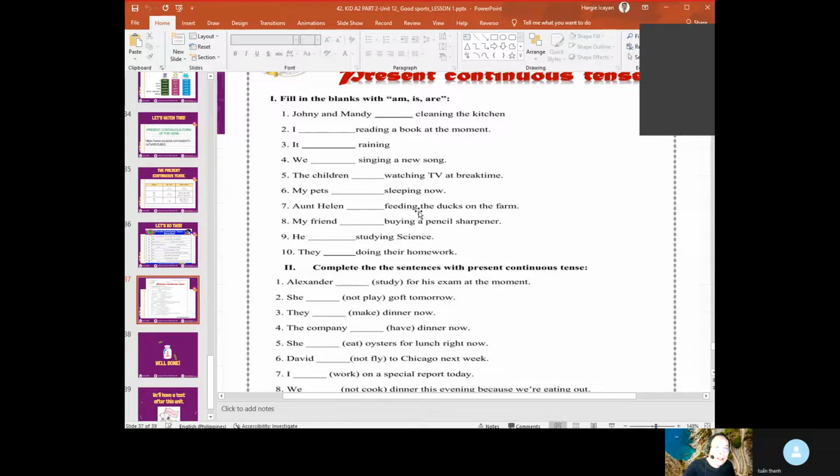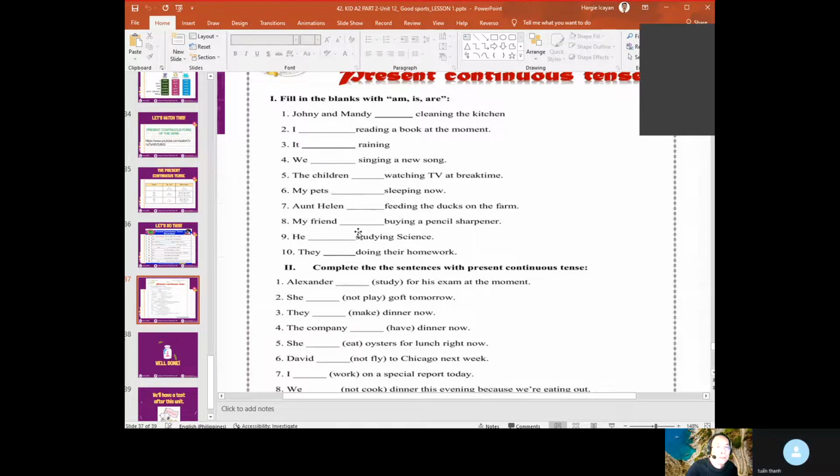Like for example, the base form of the word feeding is feed. So therefore, we have to say feeding. Can you say it one more time? Say feeding. Okay. Feeding. Yeah, that's correct. So Aunt Helen is feeding the ducks on the farm. That's correct. Number eight.